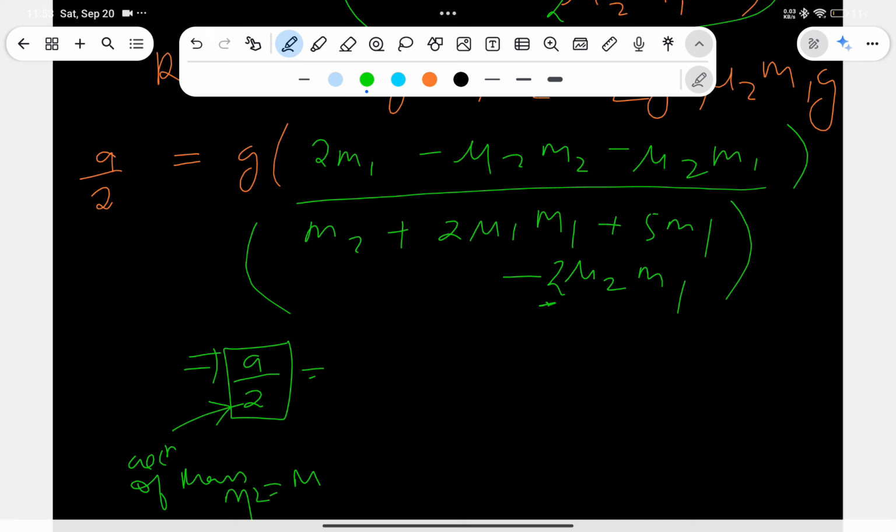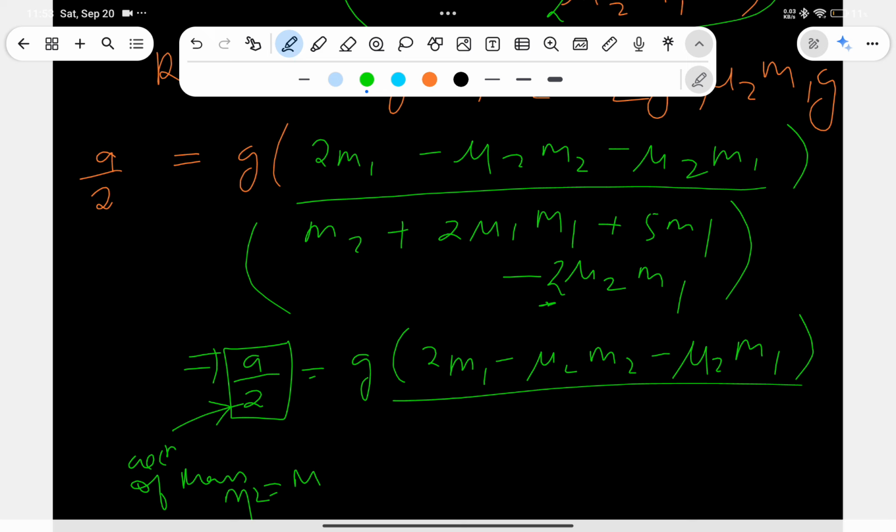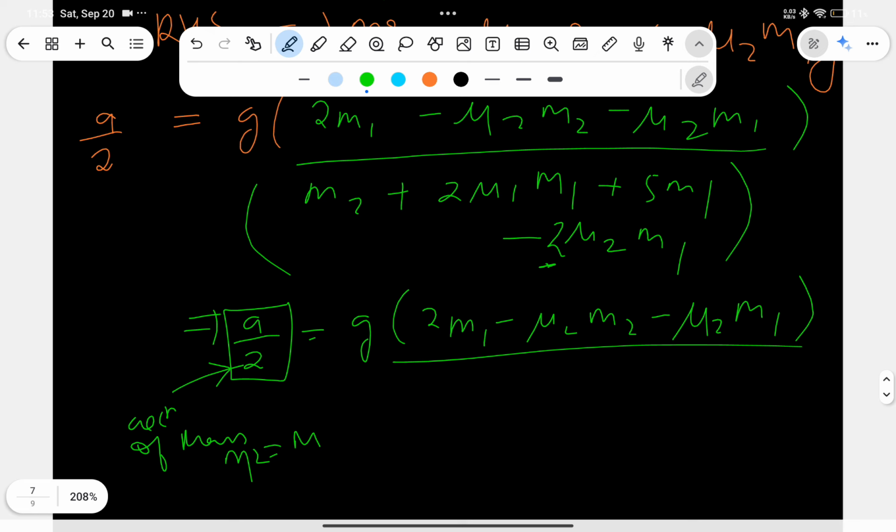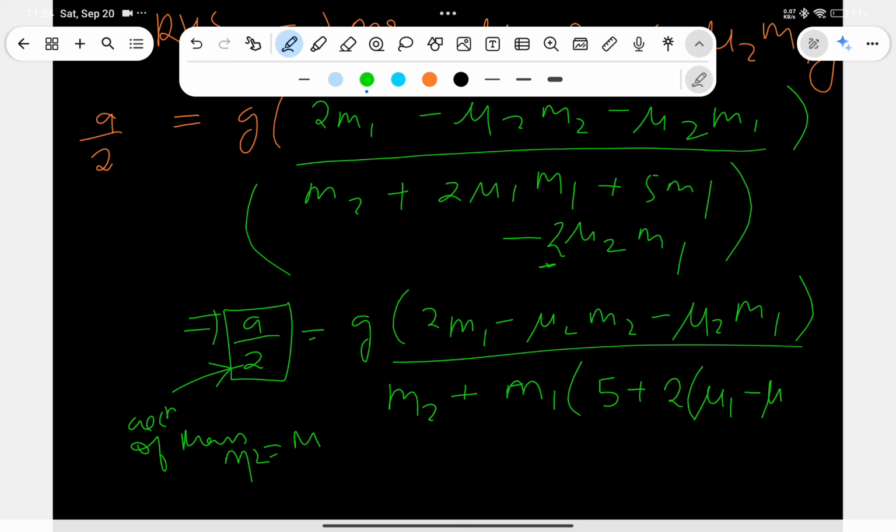So this is equal to g into 2m1 minus mu 2 m2 minus mu 2 m1 divided by, see, m2 plus 5. See, we can take m1 common and it will get 5 plus 2 common, mu 1 minus mu 2, right?